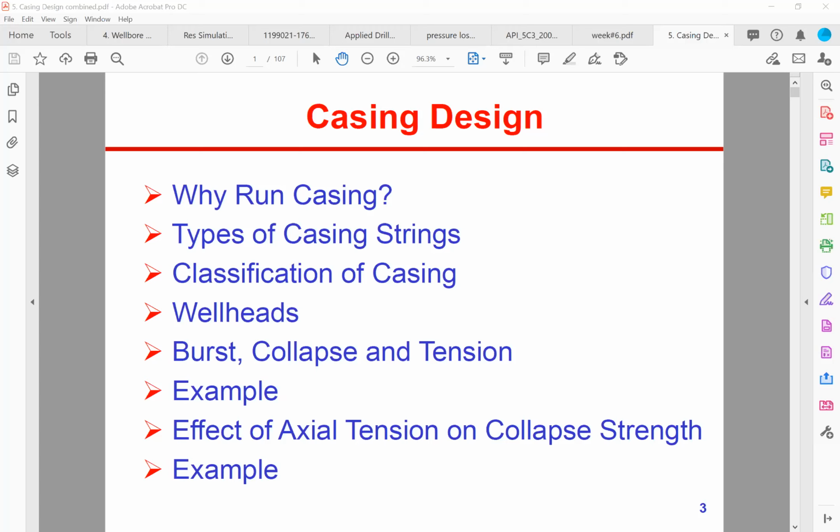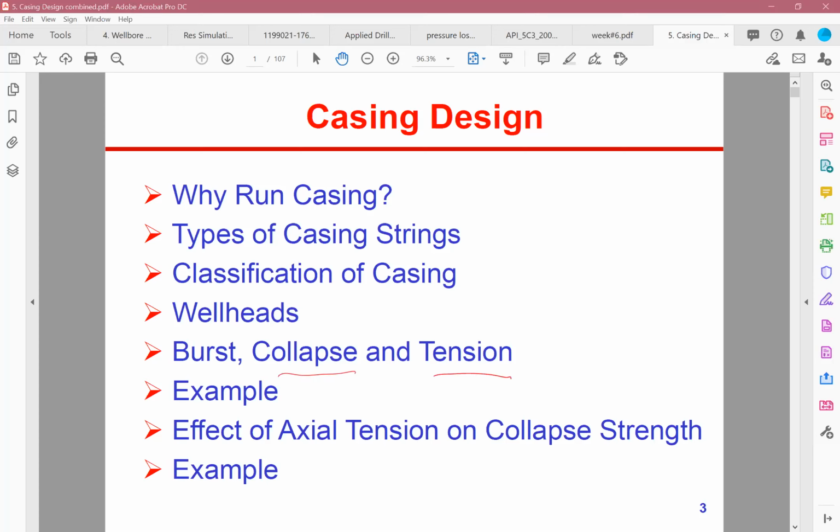The wellhead, we don't cover it much really, but we will go directly to the burst, collapse, and tension criteria. These are the three important design criteria that we need to worry about. All the casing design that we do is based on these three criteria: burst, collapse, and tension, which we will talk about and how you should do that.